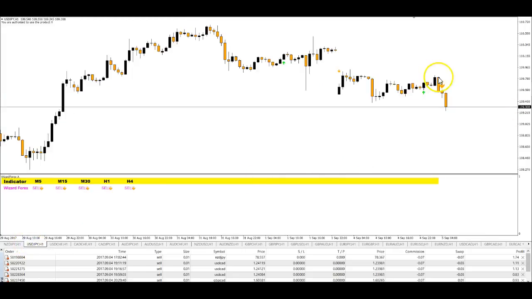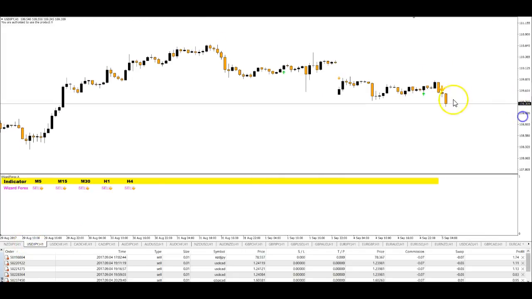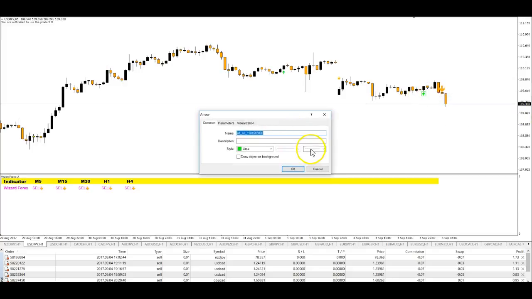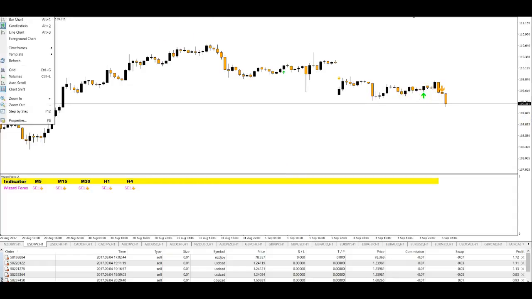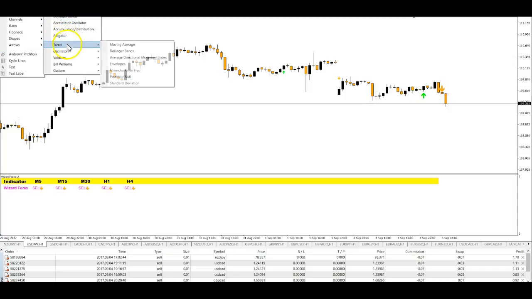The yen crosses are all selling off at the moment, and this is just one of them. USD yen, we just received one trade signal. Notice again, we have a buy signal that is going against the ebb and flow of the market, and it's short-lived. Let me pull up the 200 moving average line.